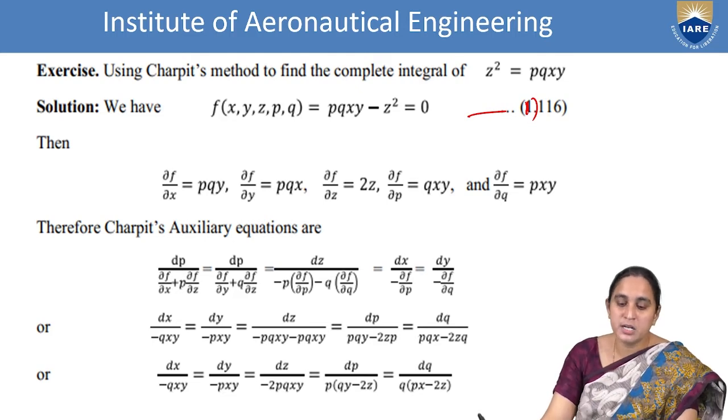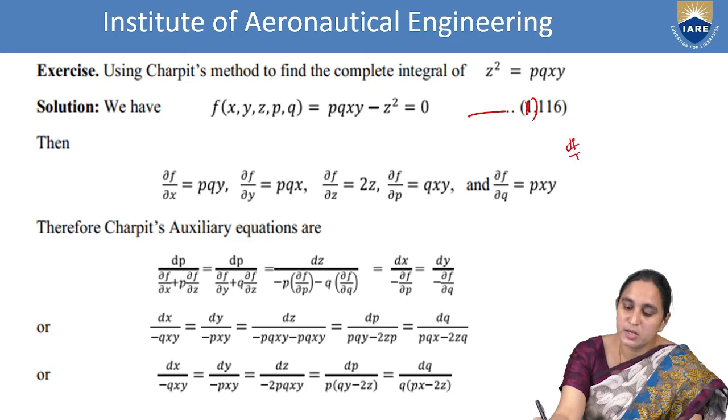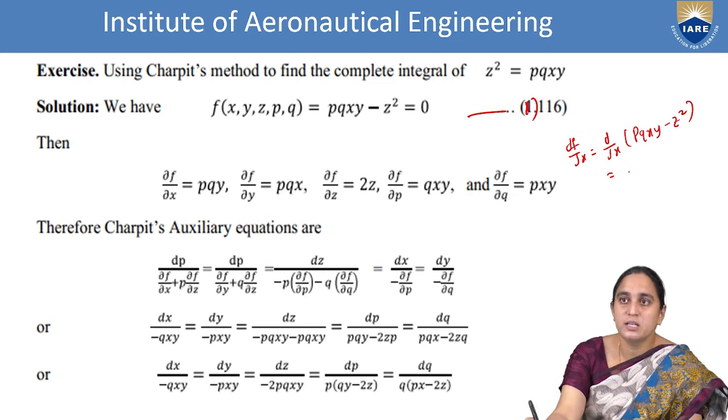First, I'll differentiate with respect to x. Dou f by dou x is equal to dou by dou x of pqxy minus z square. The differentiation is pqy, since with respect to x, z square is 0 and pqy is constant, and the x differentiation is 1.